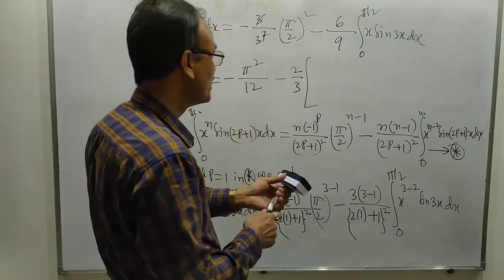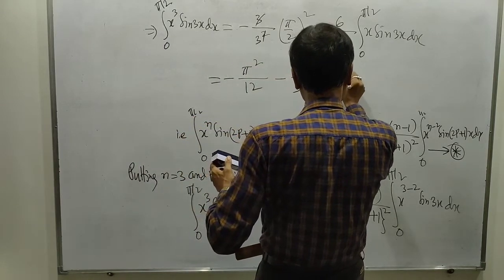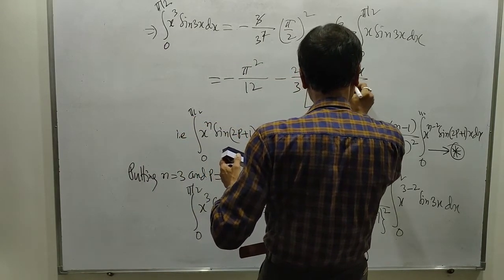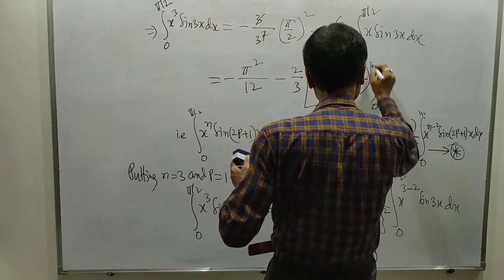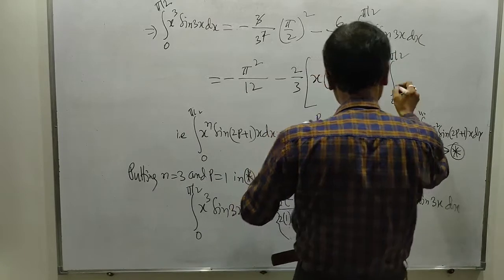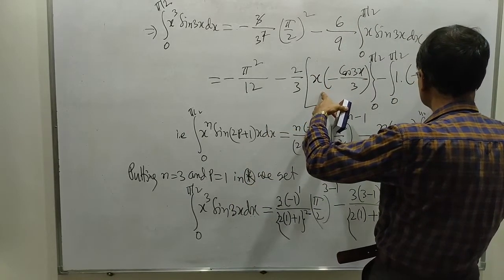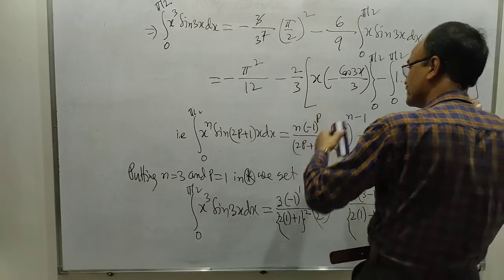Therefore, you will have to integrate this by parts: x times minus cos 3x divided by 3 from 0 to pi by 2, minus the integral from 0 to pi by 2 of 1 times minus cos 3x divided by 3 dx.